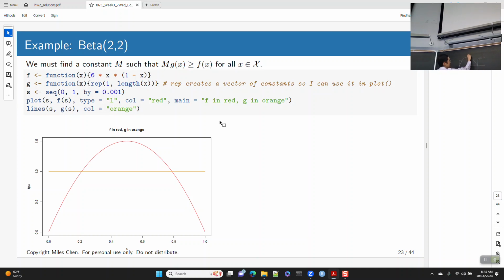Then this is our target f of x, our target PDF, which is 6x times 1 minus x. The max value happens at 0.5 here, so that's 3 times 0.5. This has a max of 1.5.